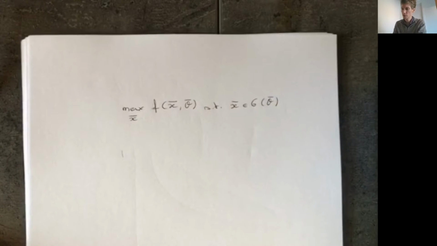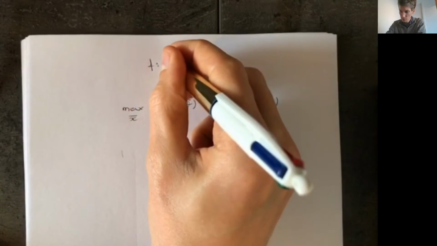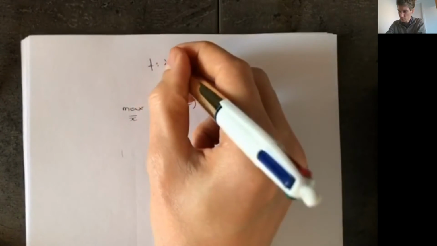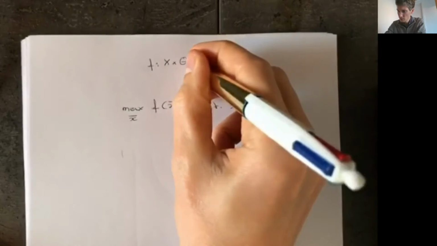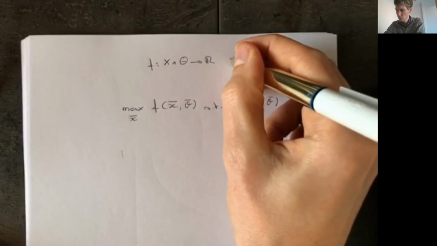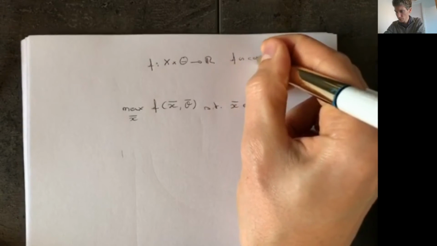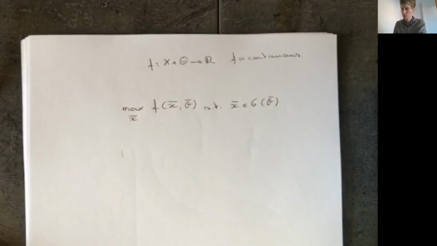This was our constraint, and we had that f was a function that went from some domain, let's call it X, and takes a theta in some set Theta, and it gives you a number, right? And we assume that f is continuous. That was the first thing.